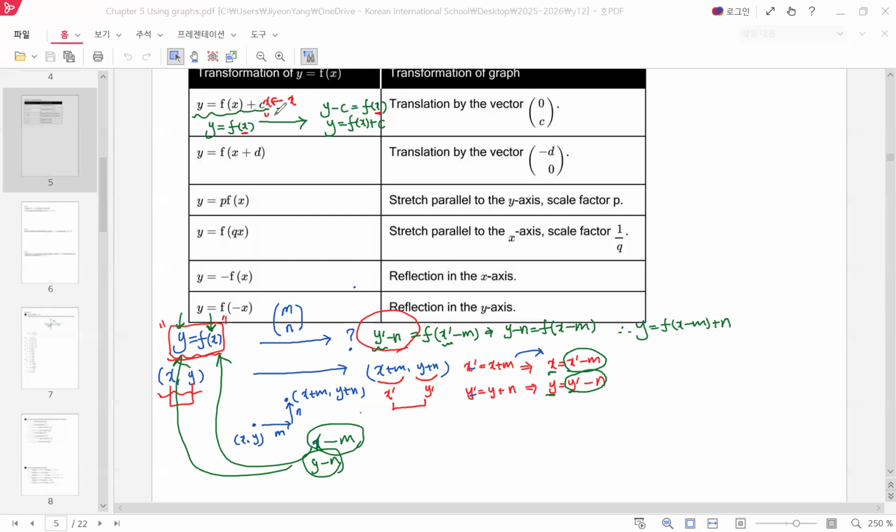And it looks like we substitute y minus c for y, understand? So in this case, the translation vector is (0, c). Because with (m, n), we use x minus m and y minus n when we find the function. So (0, c). The next one.